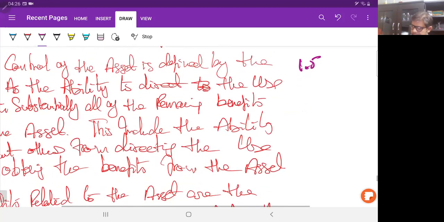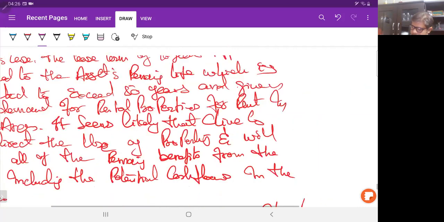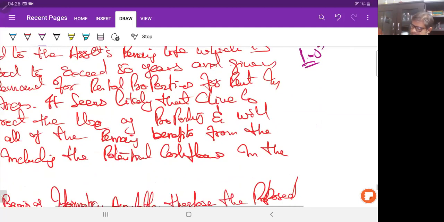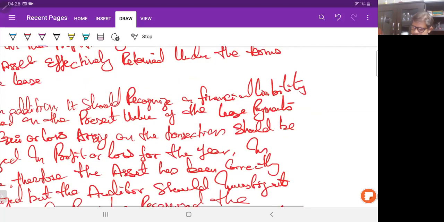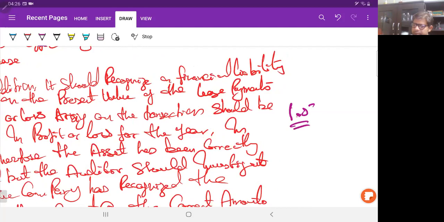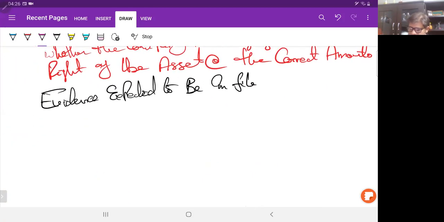Then 4.5, and 6, and 7. We need one more mark to get 8 marks. That means for evidences, we will get 1 mark per evidence. But obviously, for practice, I'll be writing more evidences for you than required.